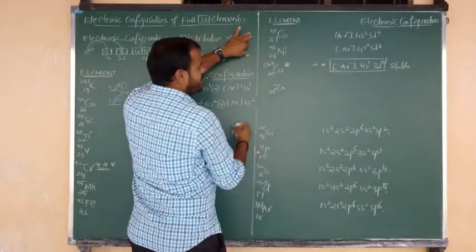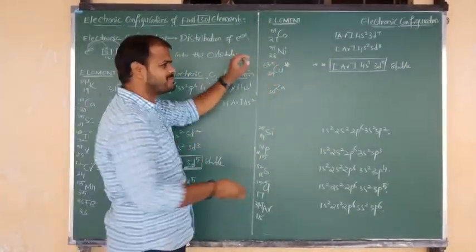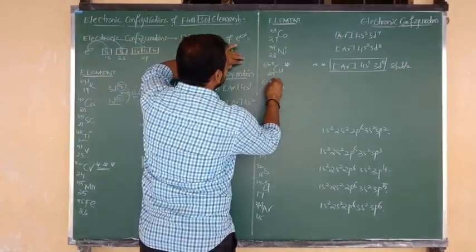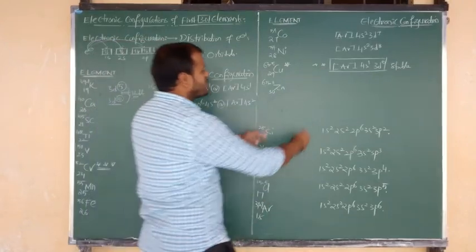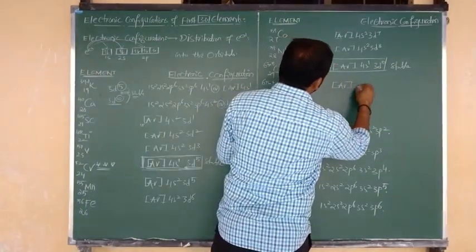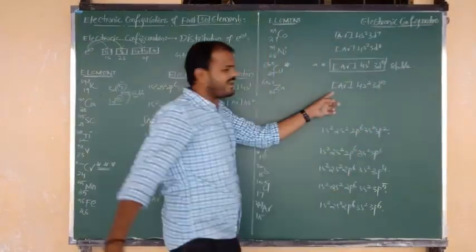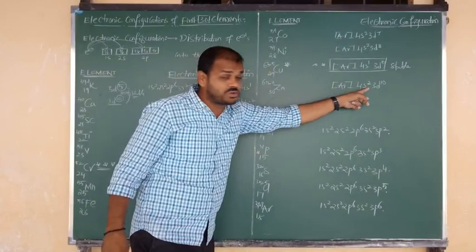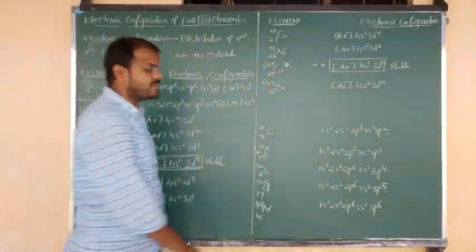Atomic number is 30, mass number is 65.3. I hope you understand. Electronic configuration is again argon 4s2 3d10. Argon contains 18, 18 plus 2 is 20, 20 plus 10 is 30. Zinc contains 30 electrons. Okay, beta.